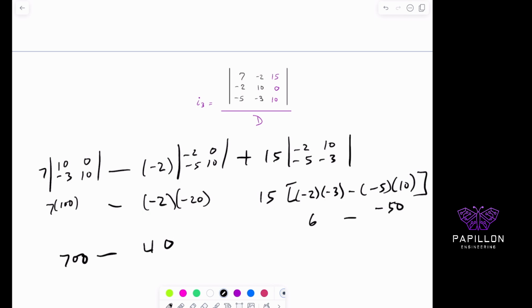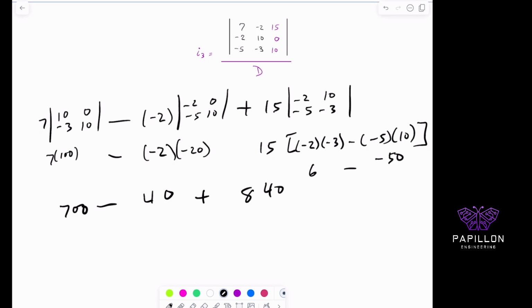So we get back 840 for this last piece. So all of this, 700 plus 840, and then minus 40, brings us back to 1500. So I3 equals 1500 over 500, which equals 3 amps. All right, just like that.